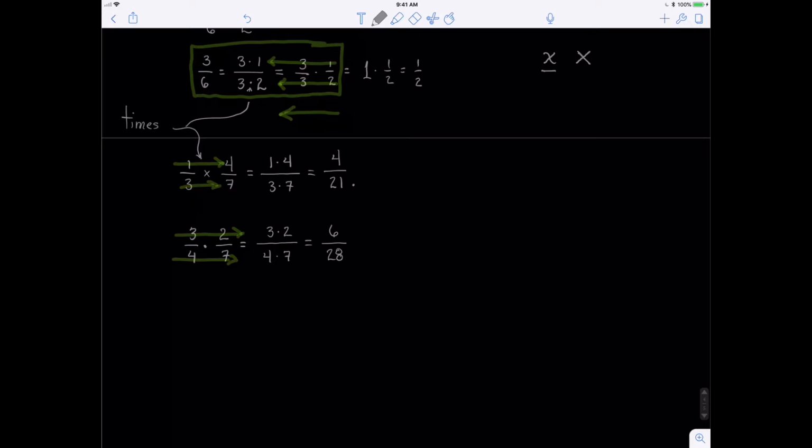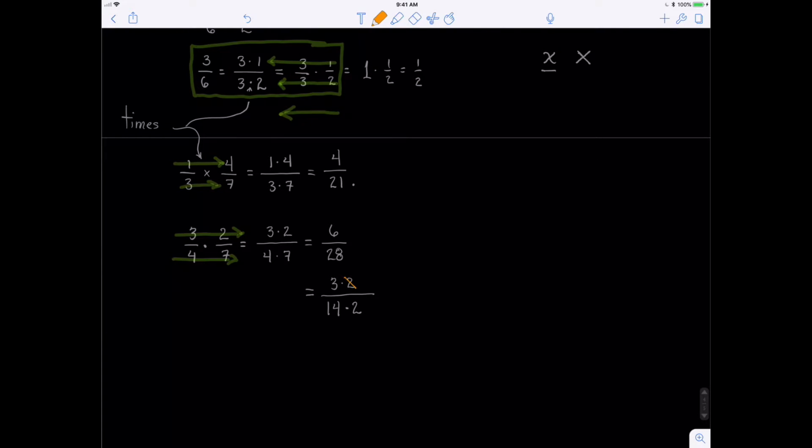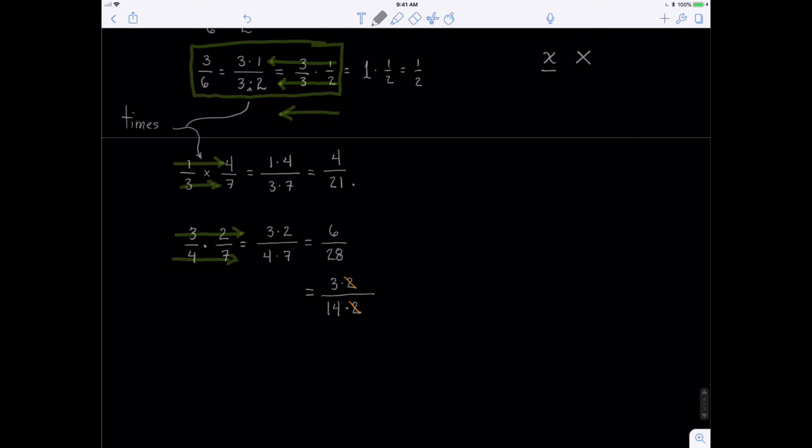Now, wait a minute. Both 6 and 28 are even. So I can clean this up a little. I'm going to bring this down because 6 is the same as a 3 times a 2. And 28, well, that's a 14 times a 2. Oh, but look, those are common 2's. And so we can just cancel those because they are just 1, and multiplying by 1 doesn't change the value, just the appearance.